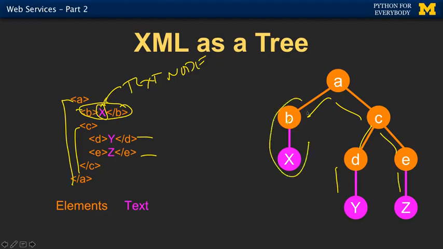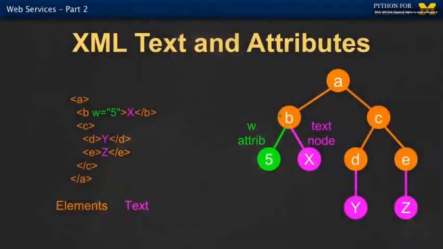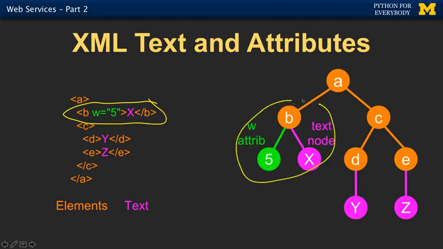But like I said, we model the text as the child of the node, as you will soon see right now. And that's because we model attributes as different children. So if we change this a little bit and we made this have an attribute, W equals 5, all of this is part of the B node. And the B has the text area, there's only one of those, and there could be many attributes, right?